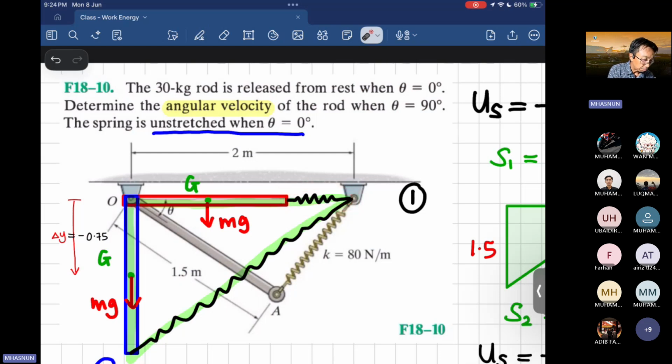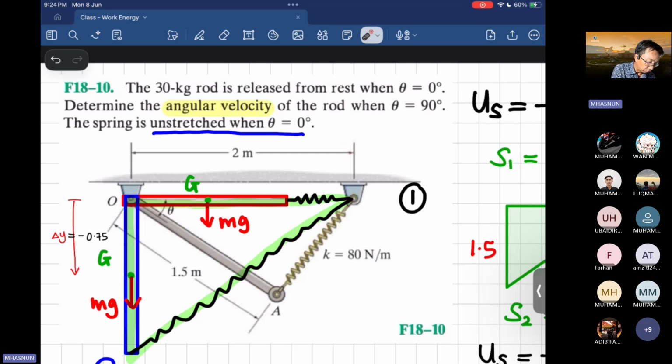So how do we know how long this is? We know from O to this end is 2 meter, which is given in the question. 2 meter is the length from O to the end of the spring.